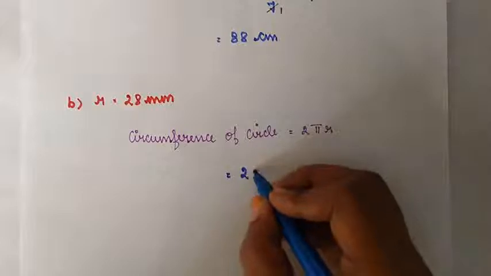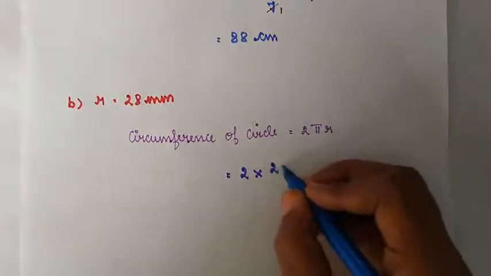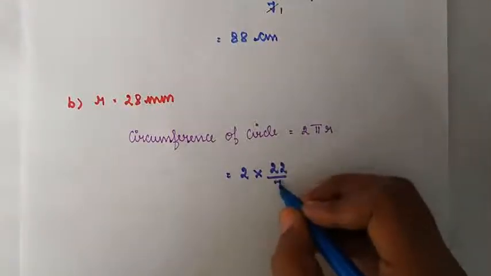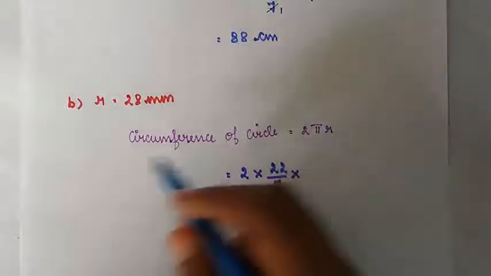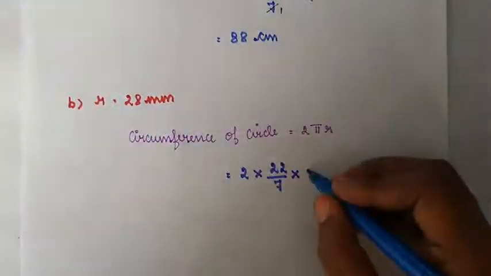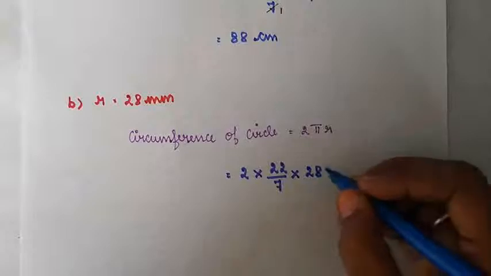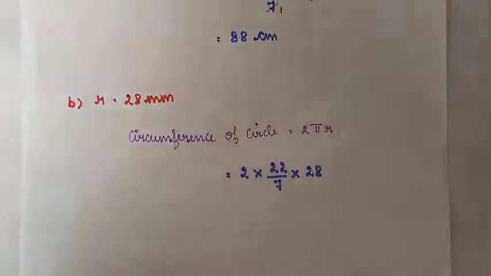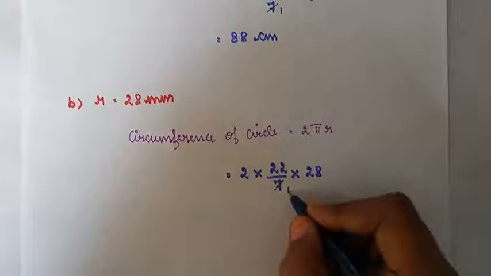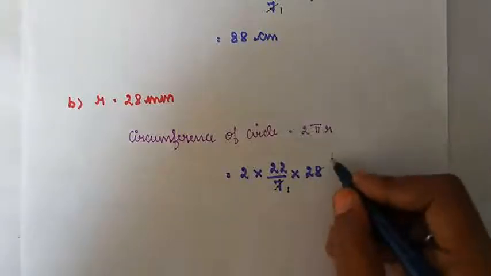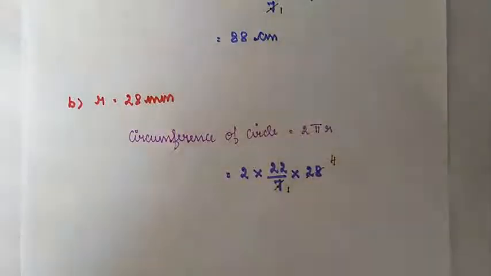2. What is the value of pi? 22 by 7. In this subdivision, r is 28 millimeter. Here also we have to cancel in 7 table. 1 7s are 7, 4 7s are 28.